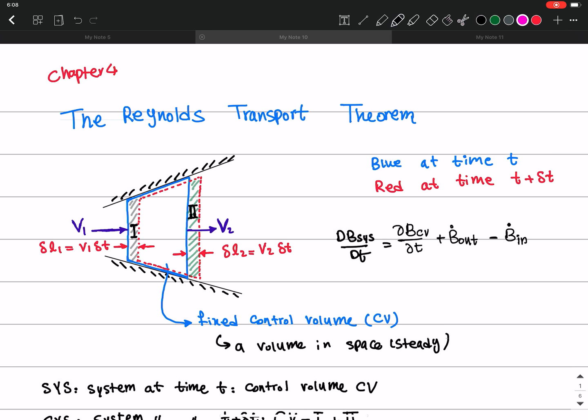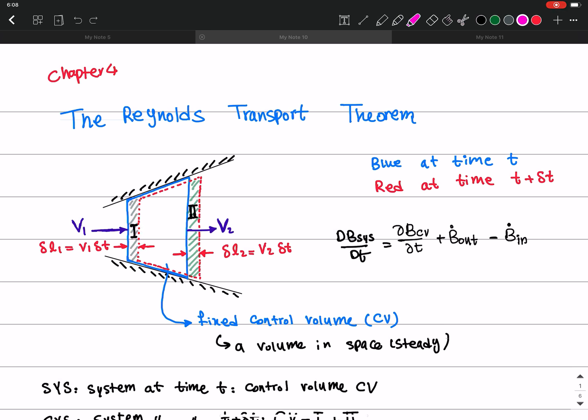So this means the rate of change of any extensive parameter in the system equals to the local change of that parameter in a fixed control volume, say this blue one, partial BCV over partial T, okay, plus the change of that parameter for the outflow, which is this green one, how much that is changed for this outflow, B dot out, and minus how much it is coming in.